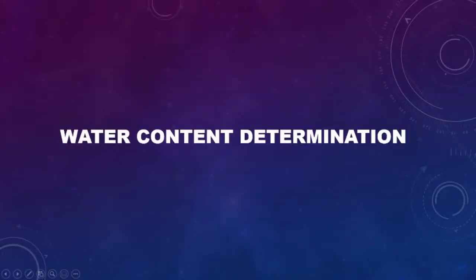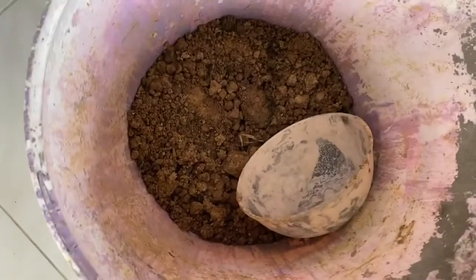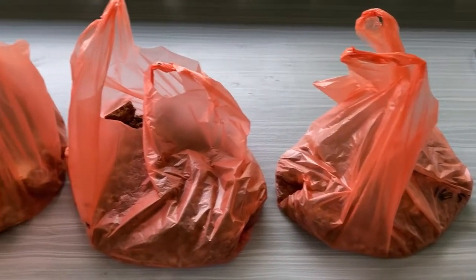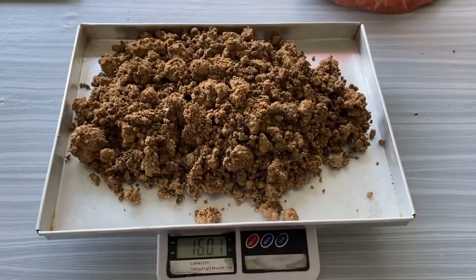The first test is water content determination. The apparatus that I use is 3 trays, weighing balance, and the sample of soil. First, separate the soil sample into 3 parts and then weigh the soil sample using the weighing balance.